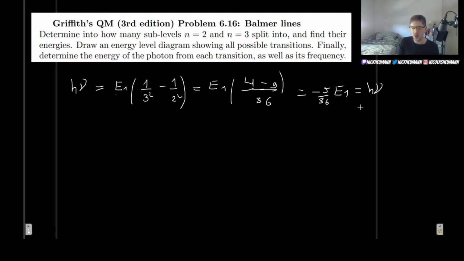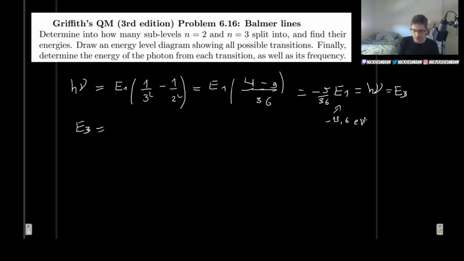So what is the frequency of this transition? Or maybe we can do both. We can calculate the energy first. So this is, of course, equal to the energy from this Balmer line, EB. So let's calculate it. What is E1, by the way? I hope you remember. E1 is minus 13.6 electron volts. So this right here is minus 13.6 electron volts.